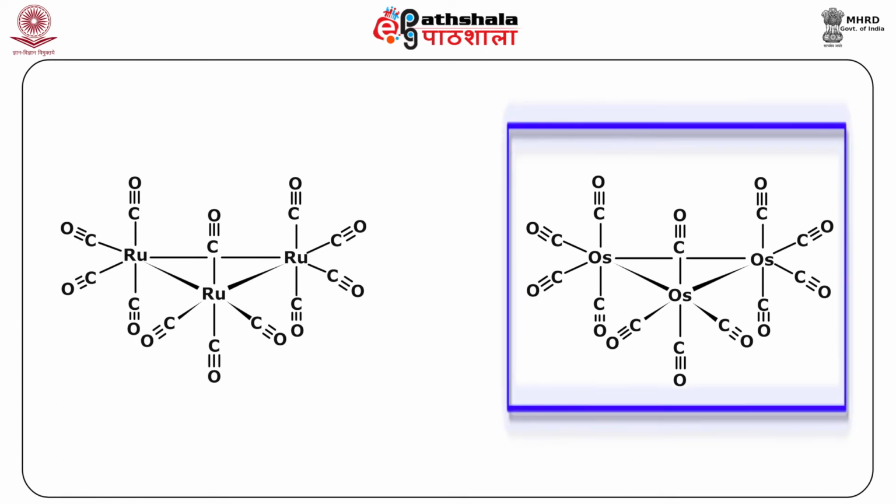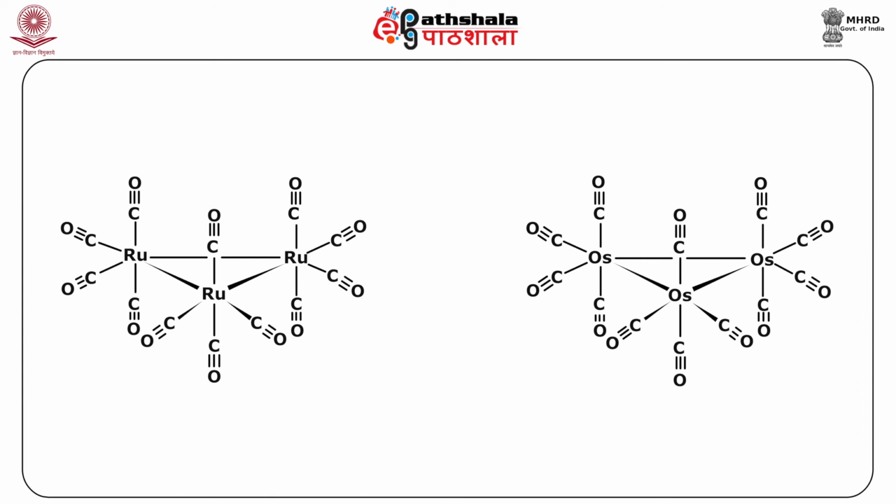Similar is the case of osmium, that is Os3(CO)12, you can notice that all the 3 osmium are in the trigonal planar fashion. And if we talk about the bond length of Os-Os, here it is 2.87 to 2.88 picometers respectively.